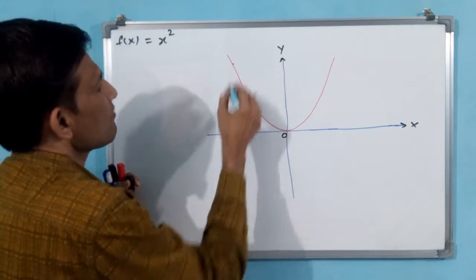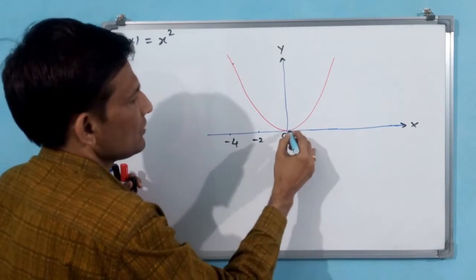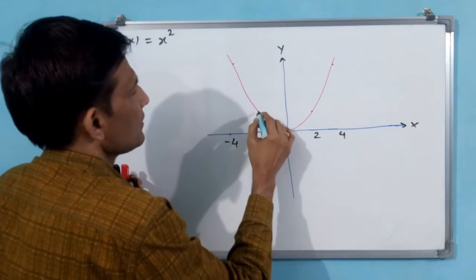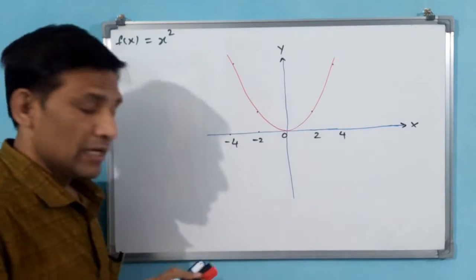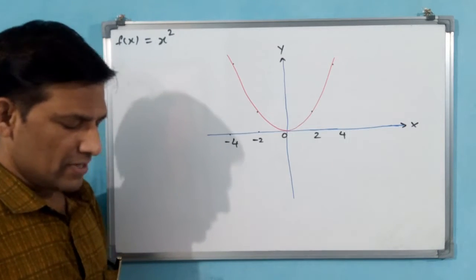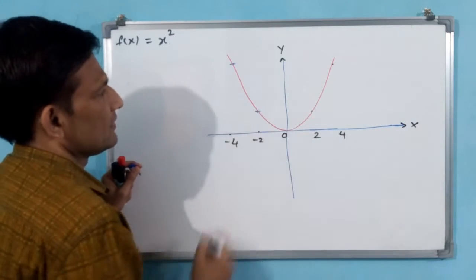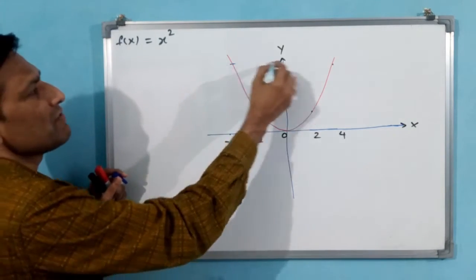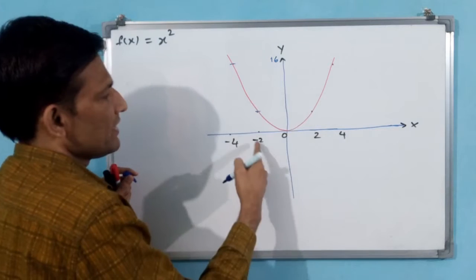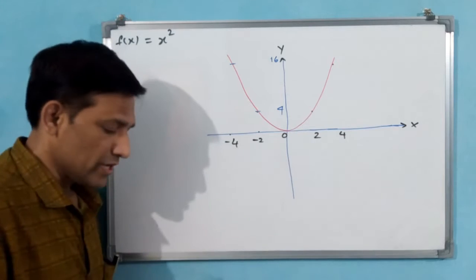Say some points are here: -4, -2, 0, +2, +4. You see here, from -4 to -2 the input is increased. But what happened on the graph? -4 means here 16 will be there. +4 also 16. -2 means here 4. +2 also 4. 0 means 0.